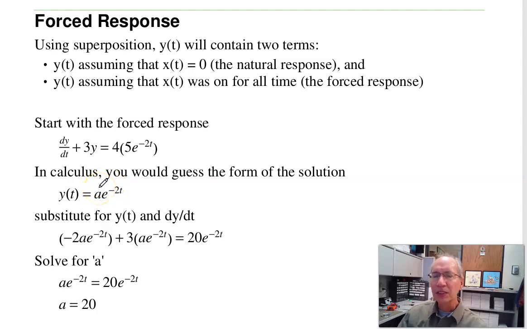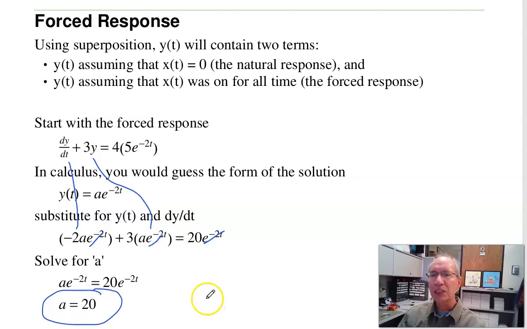So if I do that, take the derivative of y, plug it in here, take y, plug it in for y, x is the same. Now the e to the minus 2t's all cancel, and I wind up with a equals 20. So that's the forced response. It's in this form where a equals 20.